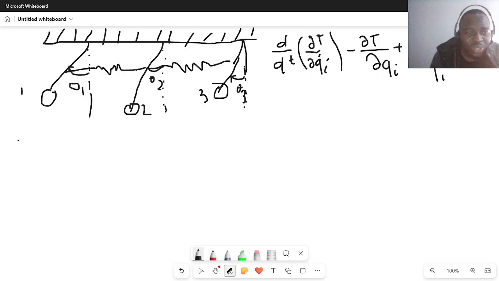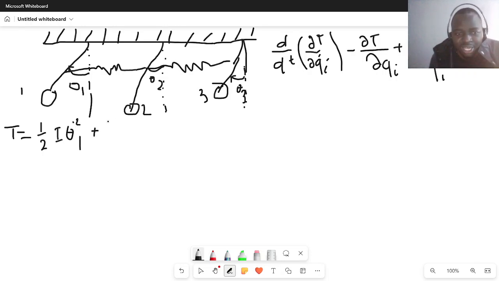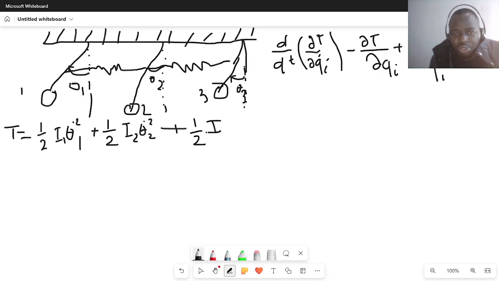So in this case, if I have to get the kinetic energy T, because this thing is rotating through an angle, therefore I will be having it as half moment of inertia times theta 1 dot square, this is the first one for object 1, plus second, half, let me call this one I1, moment of inertia 1, moment of inertia 2, theta dot 2 square, plus half moment of inertia 3, the way it is here, theta dot 3 square, you can see here.